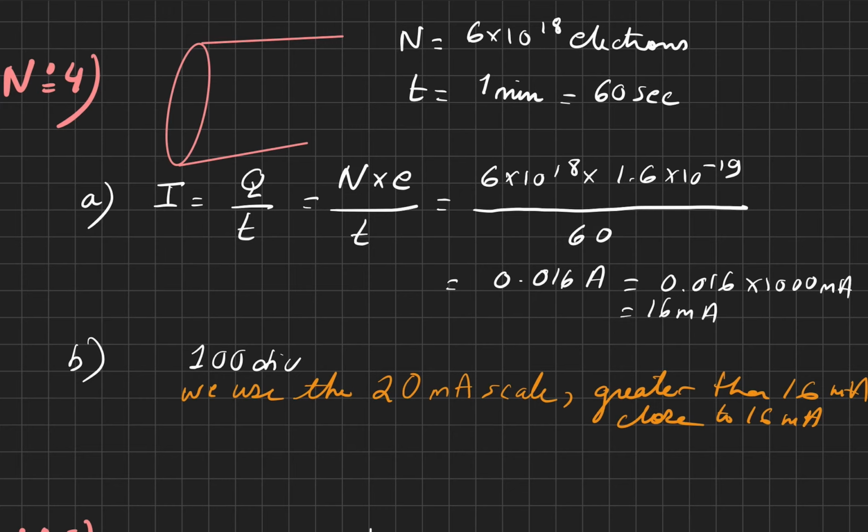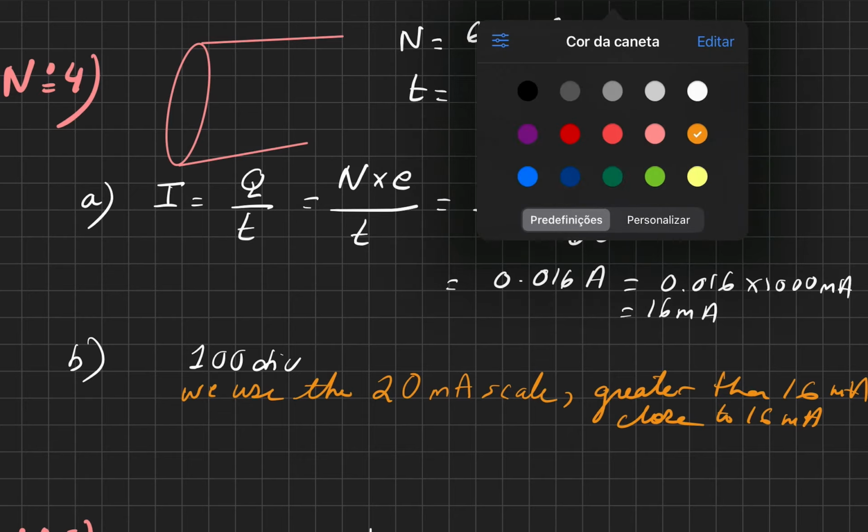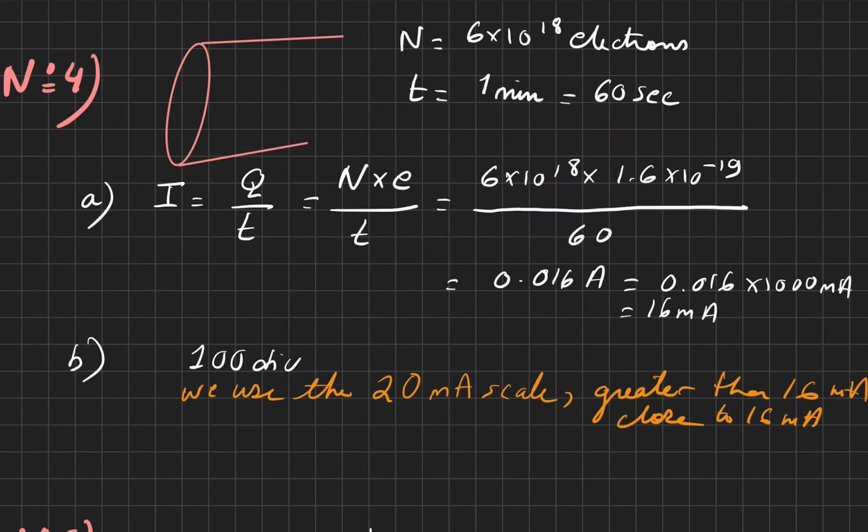And to which division does the needle point? So let's calculate to which division does the needle point. So we have 100 divisions. That's the maximum number of divisions, 100 divisions of the full dial represents the full scale, which is 20 milliampere, right?